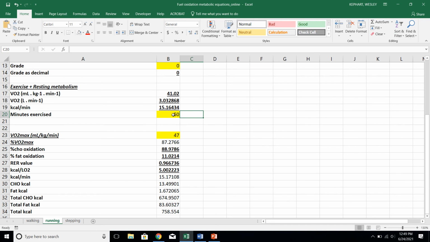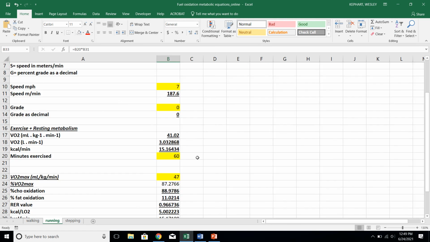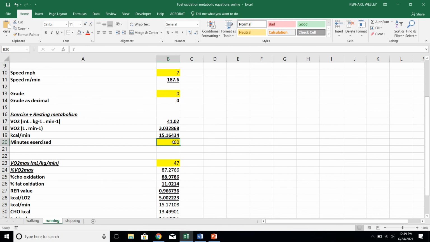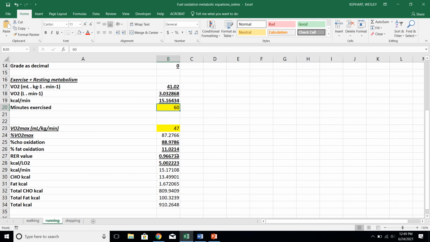Okay, so if I go with that speed, then here, 50 minutes. Here, let's see. Oh man, that's almost spot on. That's stellar. Okay, so if I go at 7 miles per hour for a full hour, then I'm going to burn almost exactly 100 calories from fat.